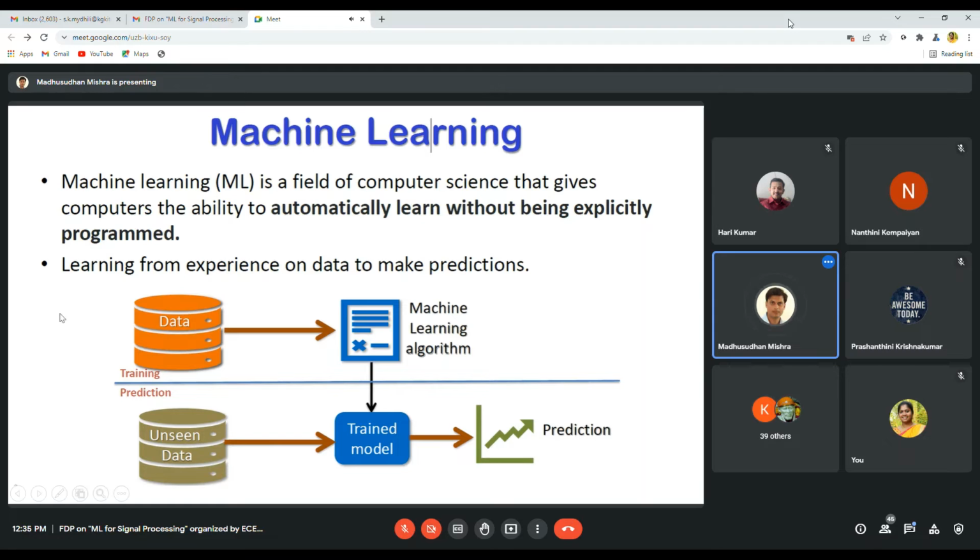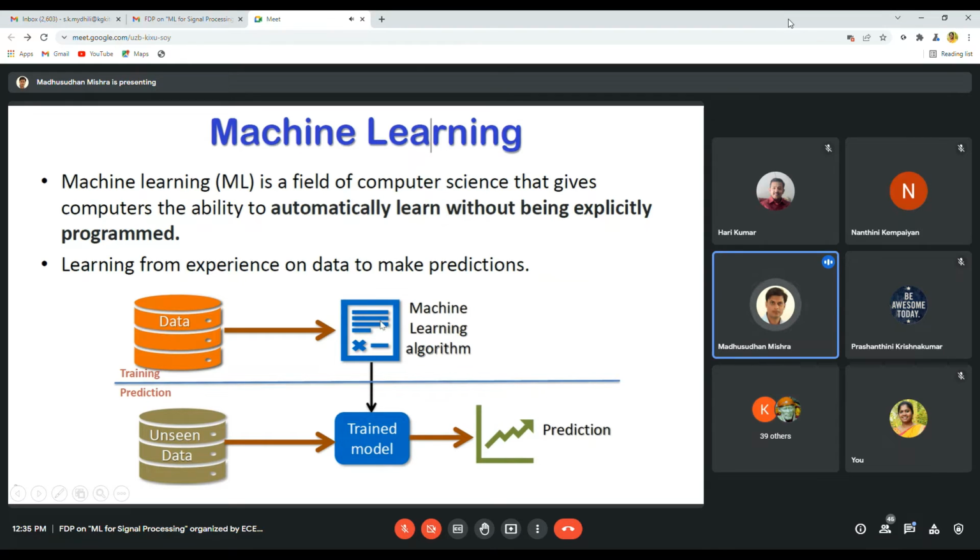Here, it's very important. Let us see here. This is a database. So first is training, and here we have a lot of data. Based on this data, the machine learning algorithm will learn. Suppose we have different faces of different people in the database.